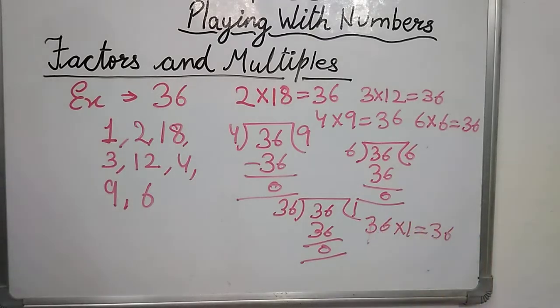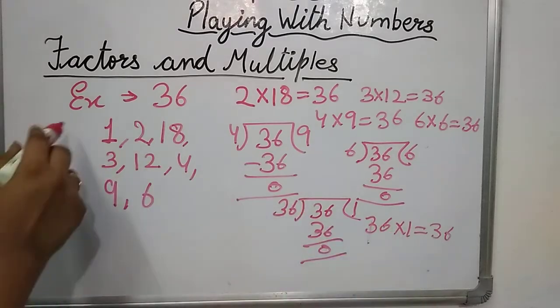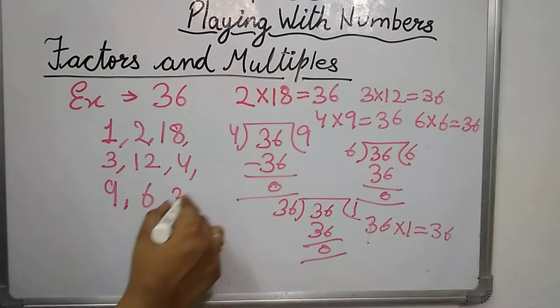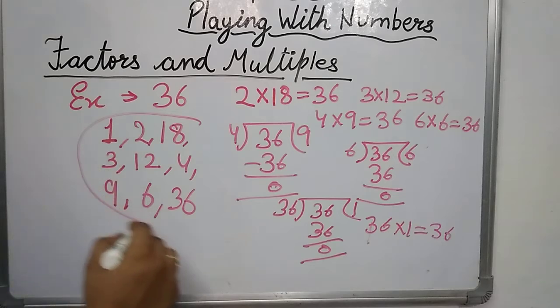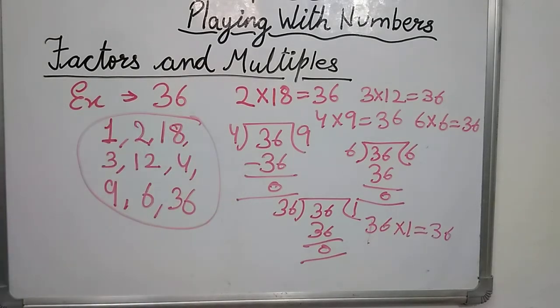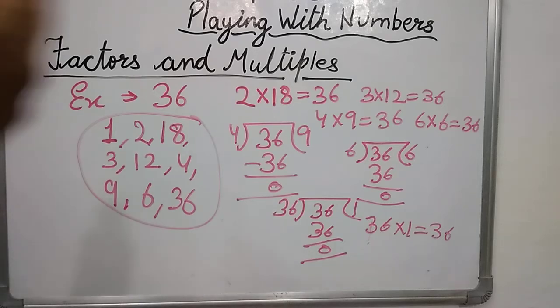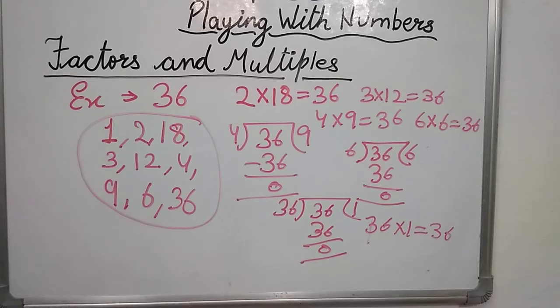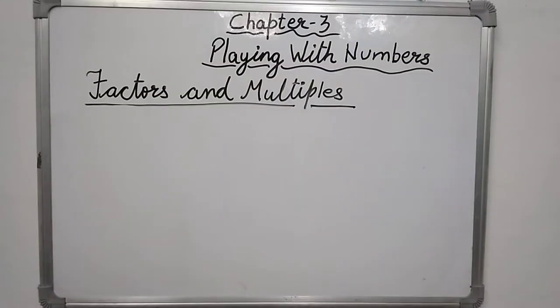So two factors, 36 and 1. 1 is already written. So these are the factors of 36. These factors you can write down directly or you can experiment with dividing the given number by all numbers. Hope the concept of factors is clear to you all.